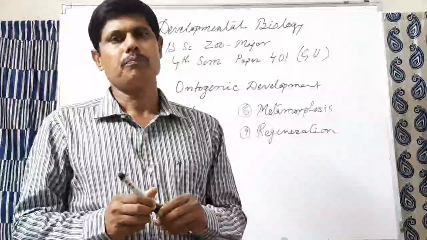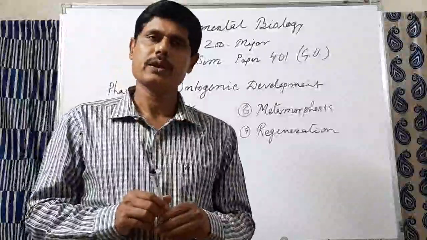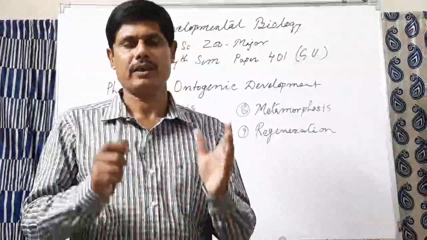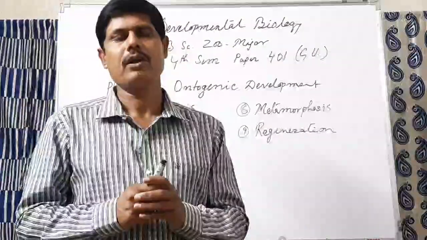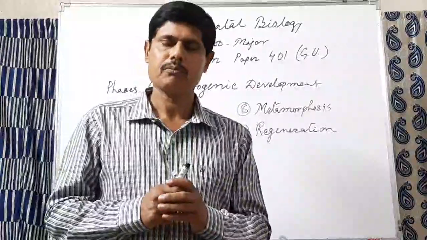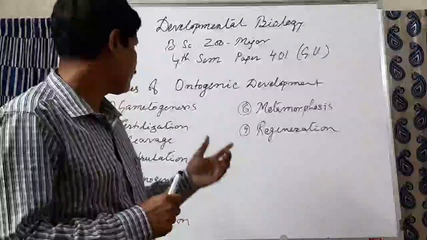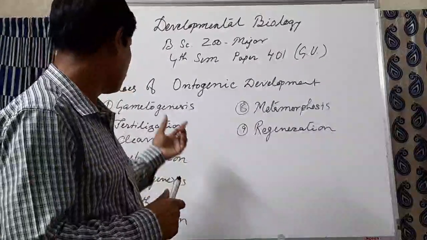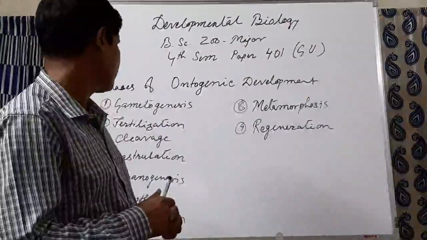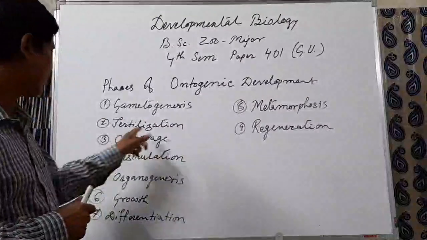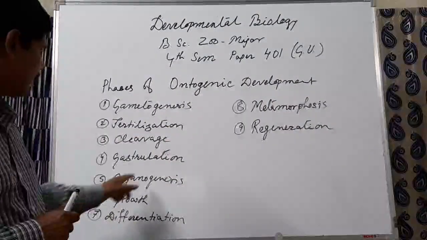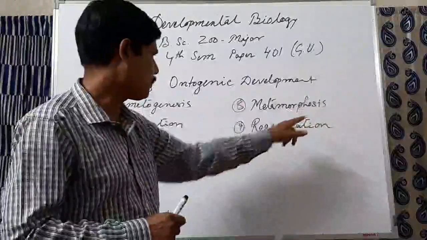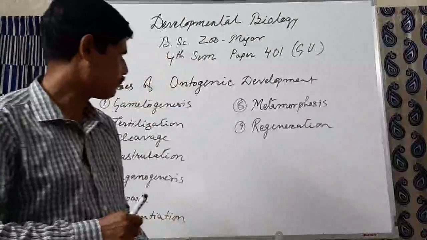The father of this particular branch of zoology is undoubtedly Aristotle, who first studied the developmental phases of animal life. Developmental biology is actually divided into a few phases, for example, gametogenesis, fertilization, cleavage, gastrulation, organogenesis, growth, differentiation, metamorphosis, and regeneration.